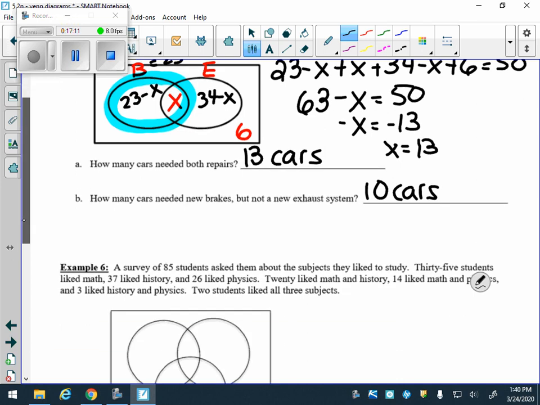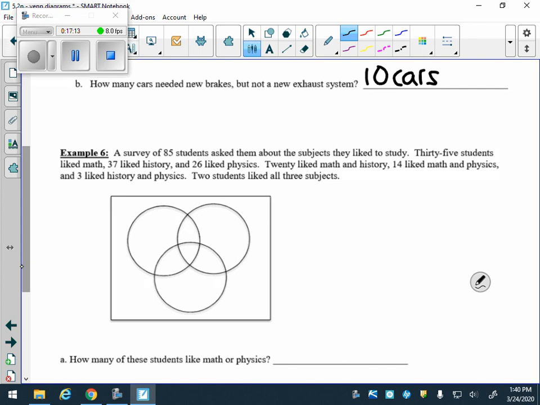Okay, the next example is something we have not seen yet, which is talking about 3 different categories. Okay, we have math, of course, history, and physics. This total Venn diagram has to equal 85 students.